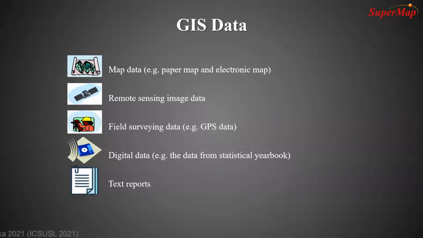First, for GIS data, there are different data sources, like the map data from paper maps, remote sensing image data, field surveying data such as from GNSS like GPS, and digital data such as data from a statistical yearbook or from a text report.